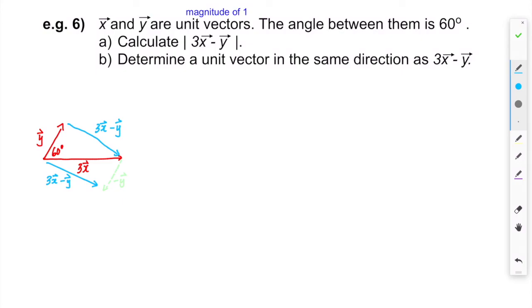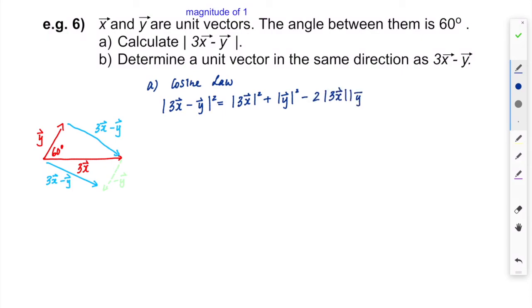Anyway, I need the magnitude of that. Looks like it's cosine law because I have a SAS triangle. So the magnitude of 3x minus y is opposite from the given angle. It is equal to the magnitude of 3x squared plus the magnitude of y squared minus 2 times the magnitude of 3x, magnitude of y, and cosine of 60 degrees.